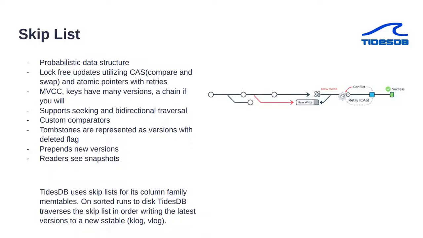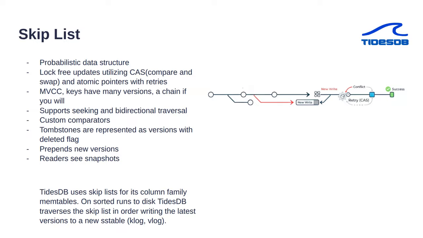A deleted key, a tombstone in TidesDB, is just a deleted version. It's just a new version with a deleted flag. Versions are prepended, and sequence numbers are utilized, so you see versions less than or equal to your sequence number; the visibility rules play into here.